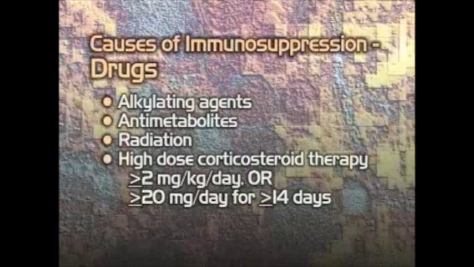Prednisone doses of 2 milligrams per kilogram of body weight per day or higher, or 20 milligrams per day or higher for 14 days or more, should be considered immunosuppressive. As with other live vaccines, those on high levels of these drugs should not be immunized for 3 months after their last dose.